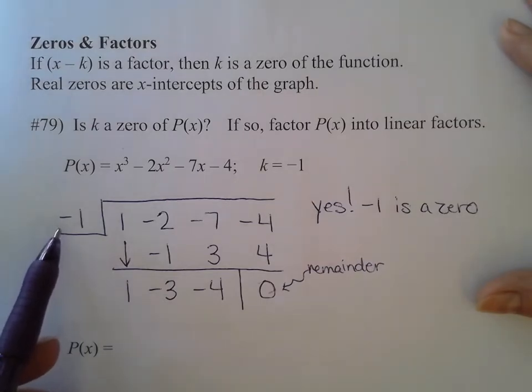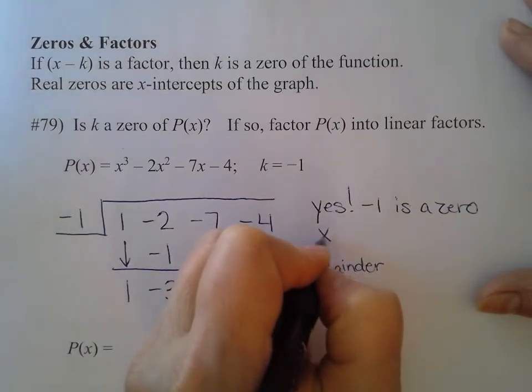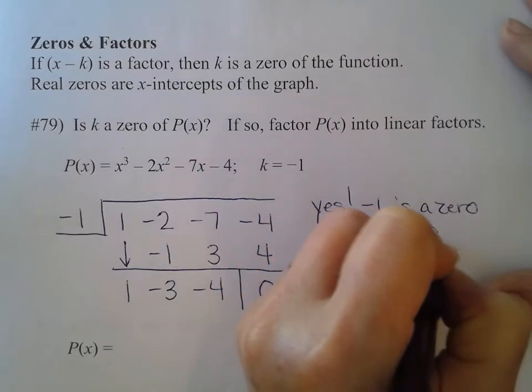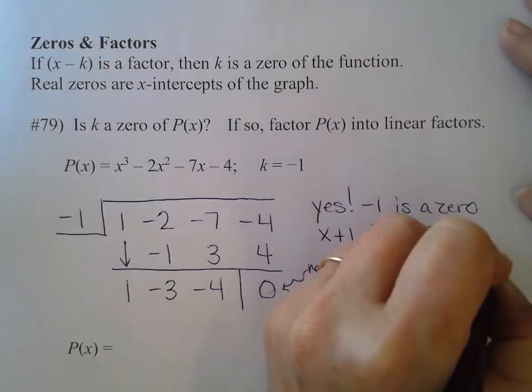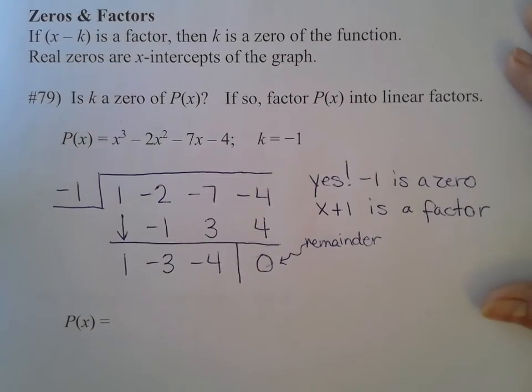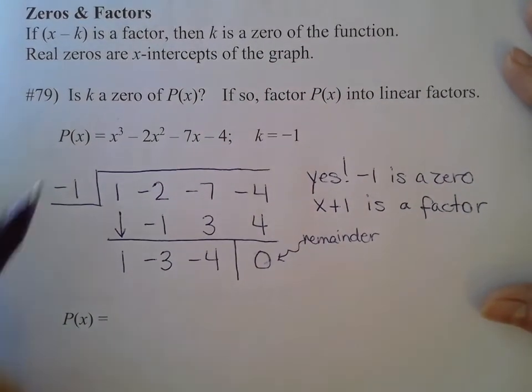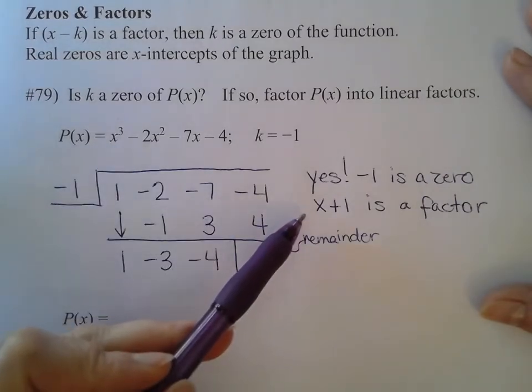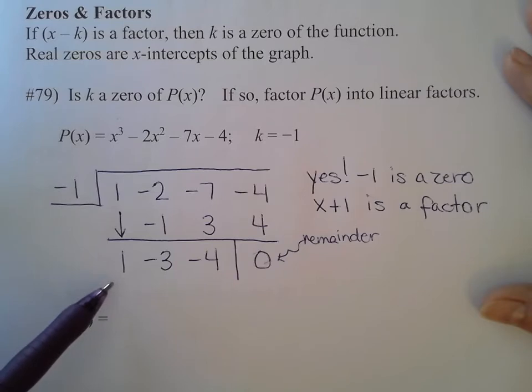The factor would be x minus -1 or x plus 1. Okay, so x plus 1 is a factor. All right, so that means when I take this polynomial and I divide it by x plus 1, which is what I just did, I get this result.